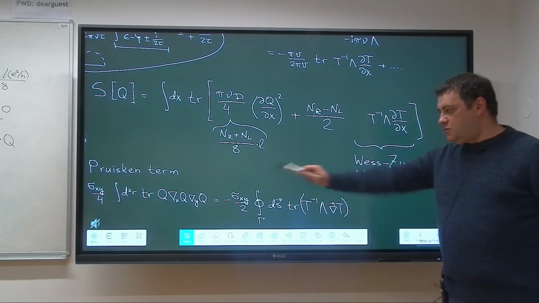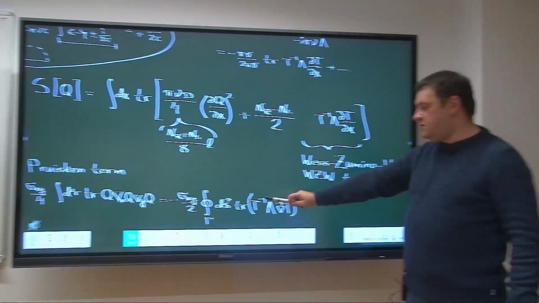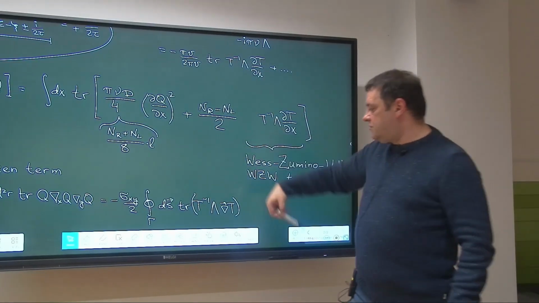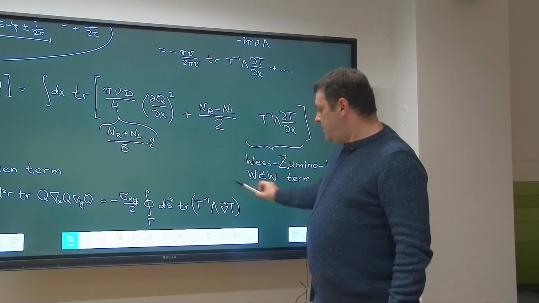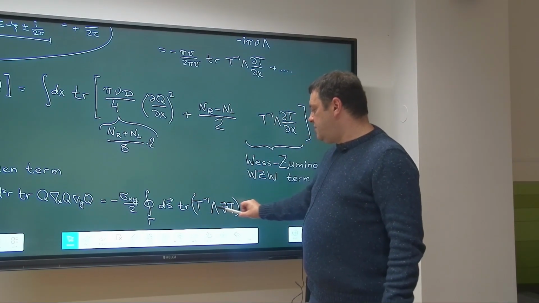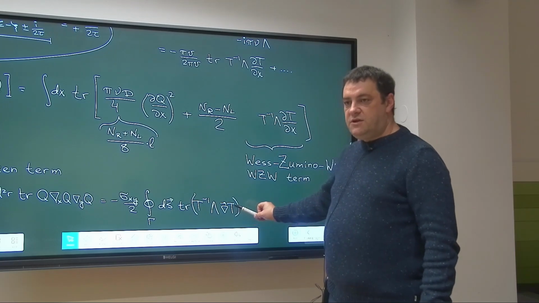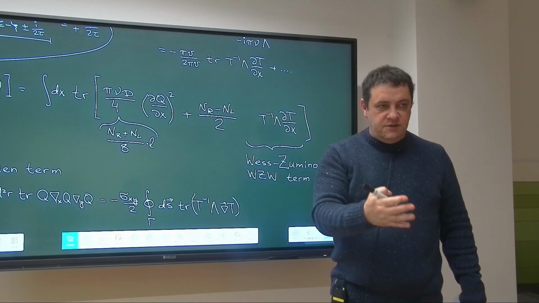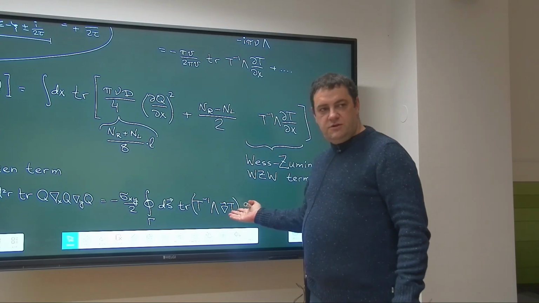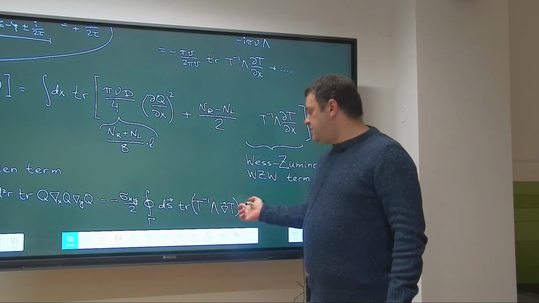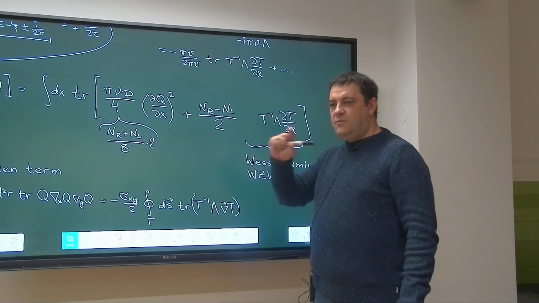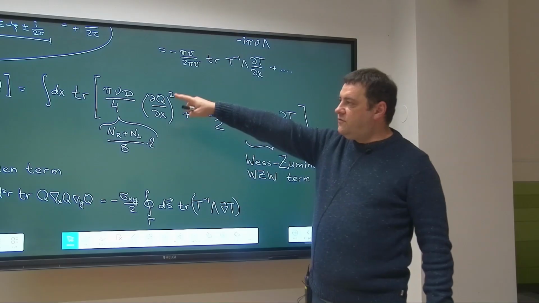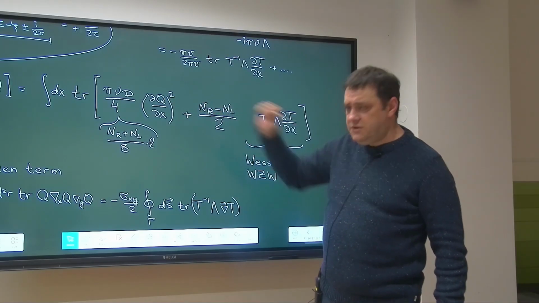But this Pruskin term, we did this last time, is a two-dimensional integral in the sample. It equals the circulation, the integral along the boundary of some object that does violate gauge symmetry, which is not a function of Q. And we discussed that if we do a gauge transformation, this term will change, but we will just add a total derivative to it, the derivative of the logarithm of the determinant of that K matrix.